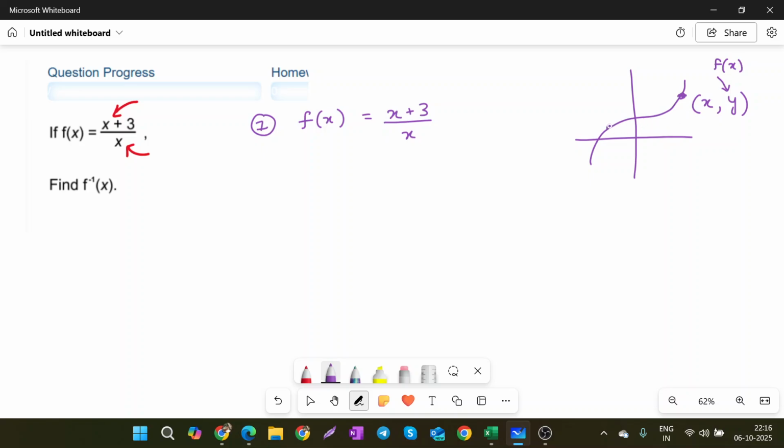To give you an example, if I say the point here is (-3, 1), what that tells you is if I use -3 as an input, then the output, the value for f of -3, would be equal to 1.